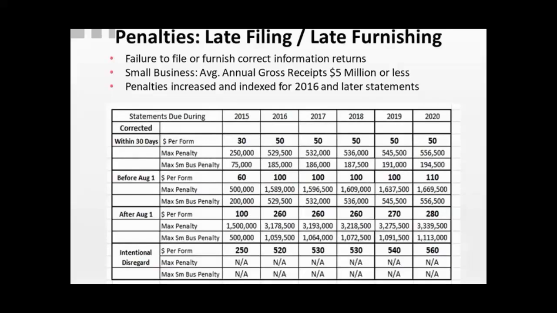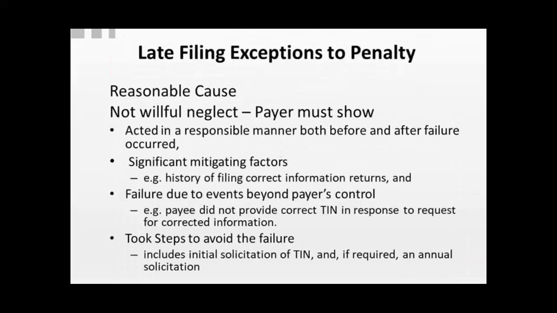The maximum penalties are rounded down to the nearest 500 after, and you can see that the intentional disregard one has been going up just about every year, and the after August 1st one has gone up a couple of times since it was started in 2016. The within 30-day penalty has not increased because it hasn't exceeded $60 yet with the indexing.